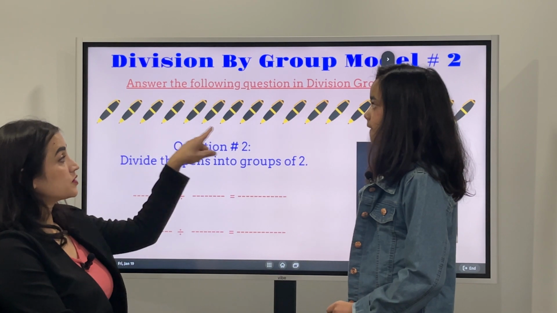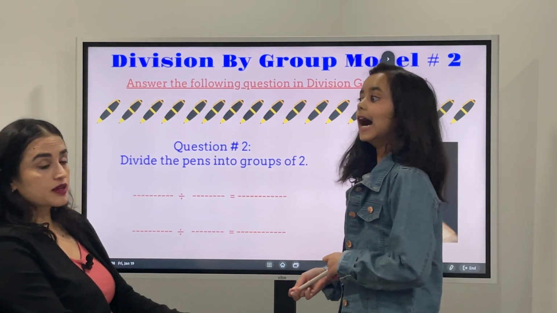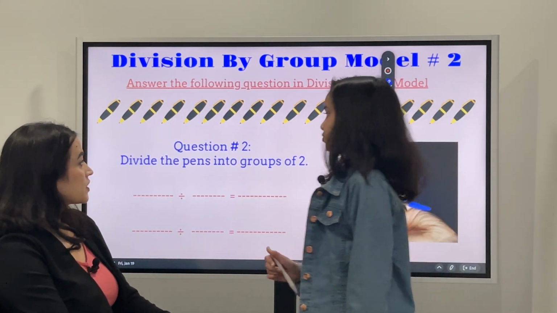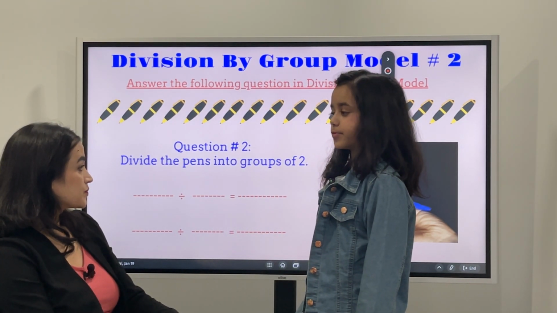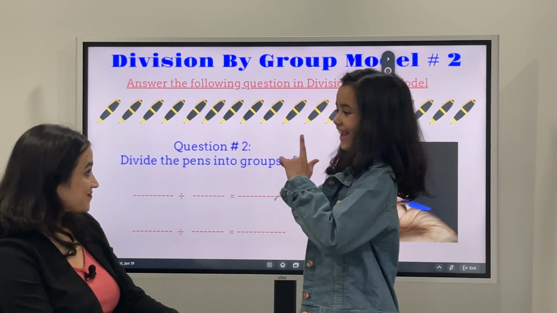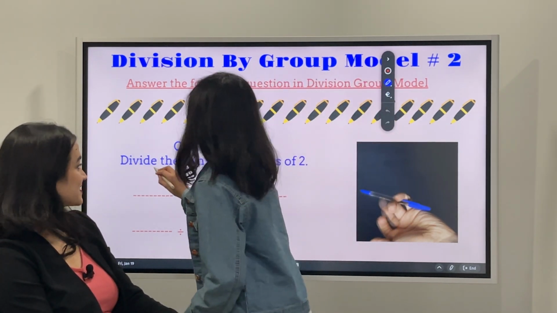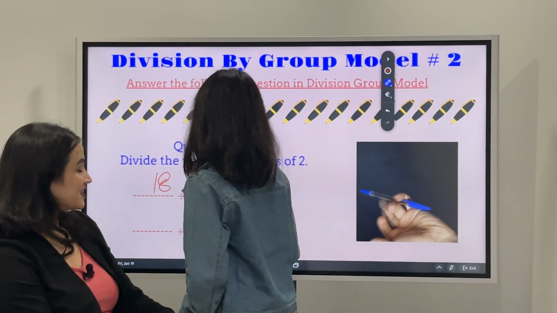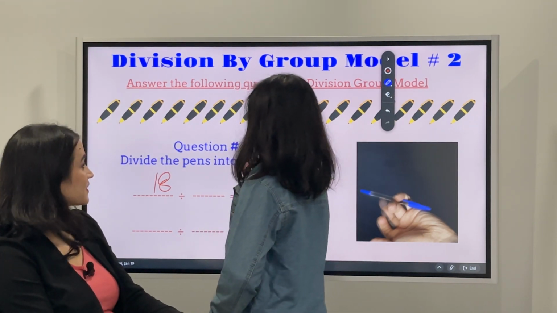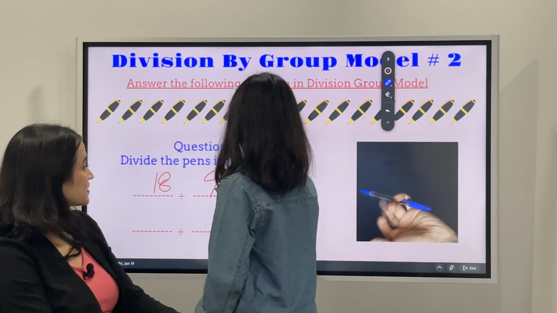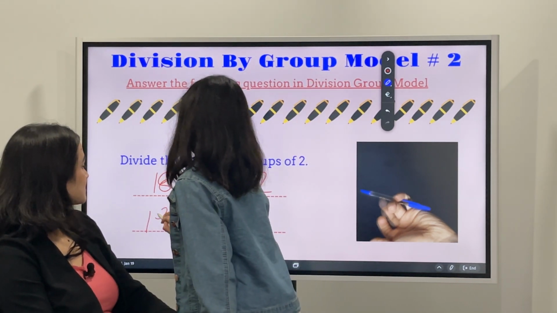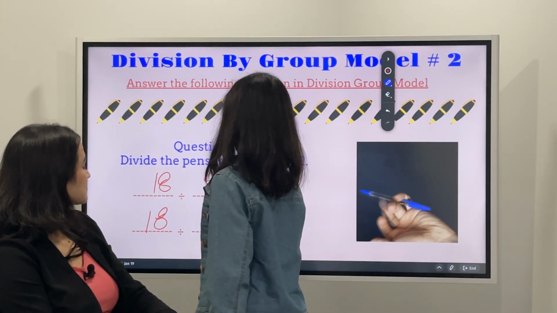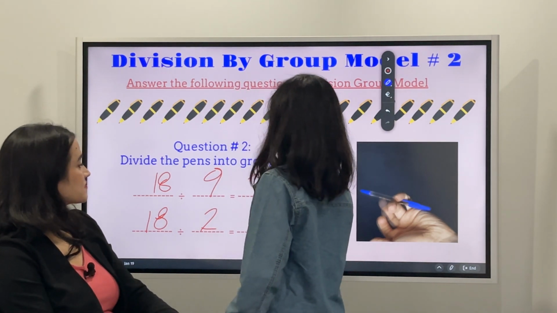You just did 9 groups, and 2 in each group. So 9 groups of 2 is 18. 18 divided by 9 equals 2, and 18 divided by 2 equals 9.